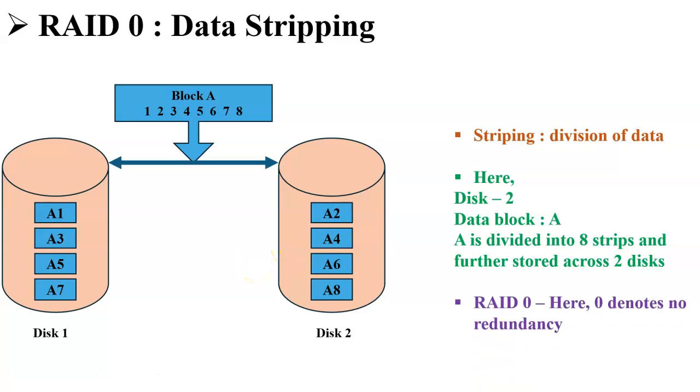When we say RAID 0, the 0 here denotes no redundancy. 0 means nothing, so there is no redundancy here. Redundancy means duplication of data. If you observe the contents of these two disks, no data is duplicated. Every piece of data is individual.